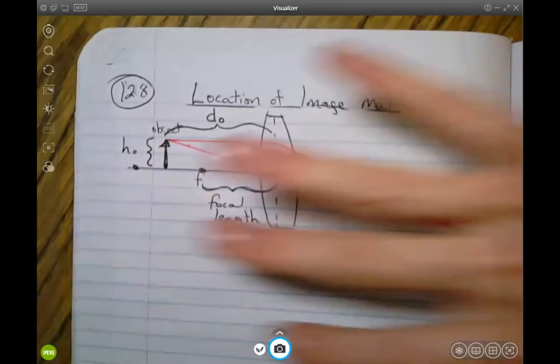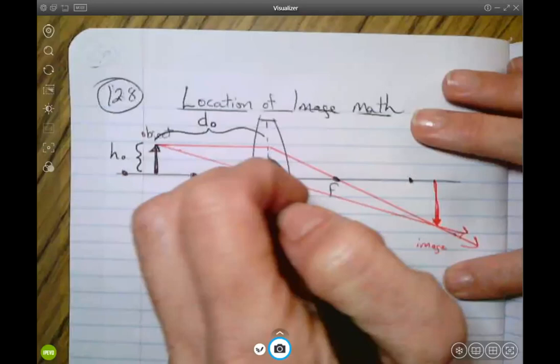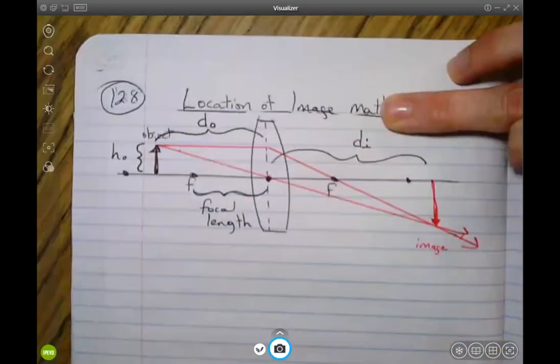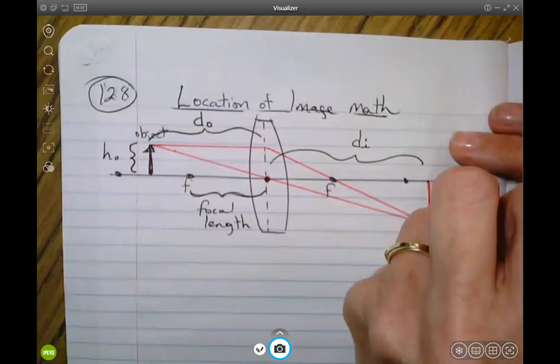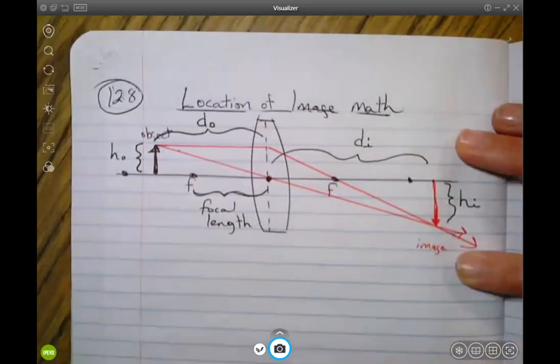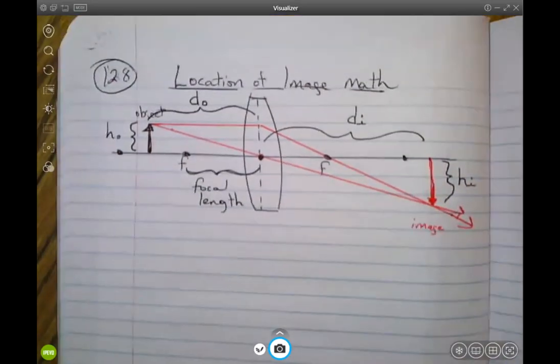So we're just going to do the same thing for the image. So this length here is the distance of the image, DI. And this height over here is HI. Those are the variables.